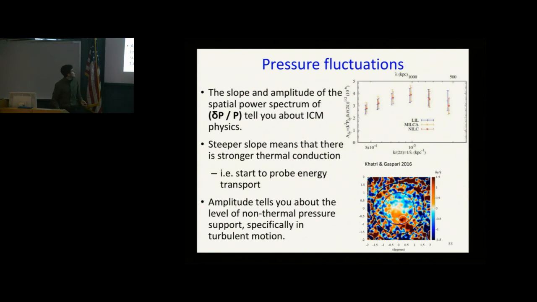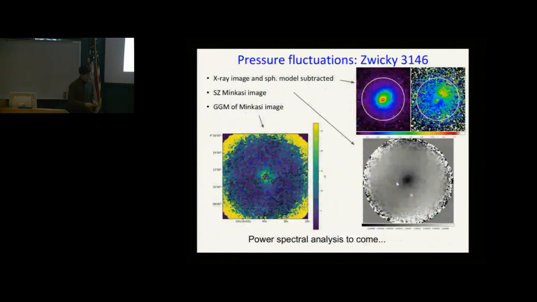All right, here's just a bit of a preview. We don't actually have a map of pressure fluctuations just yet, but a Gaussian gradient magnitude is a bit different, but it gives you perhaps some ideas of structure within the cluster. We see a little bit of structure in the core. That's maybe not too surprising. It is a cool core.